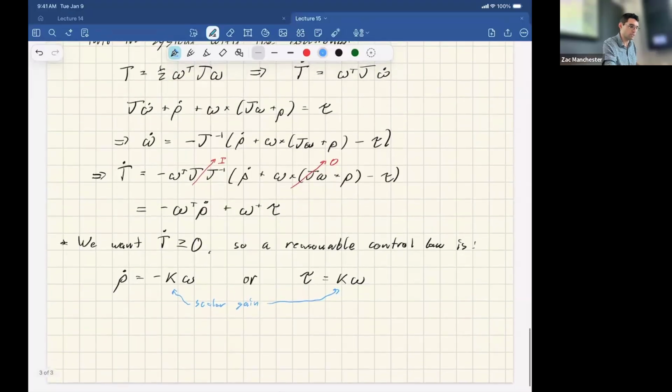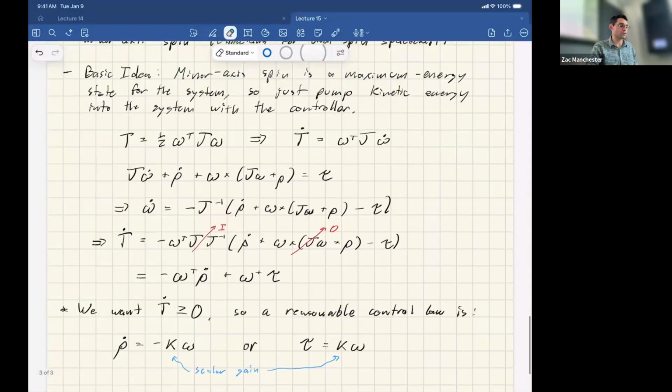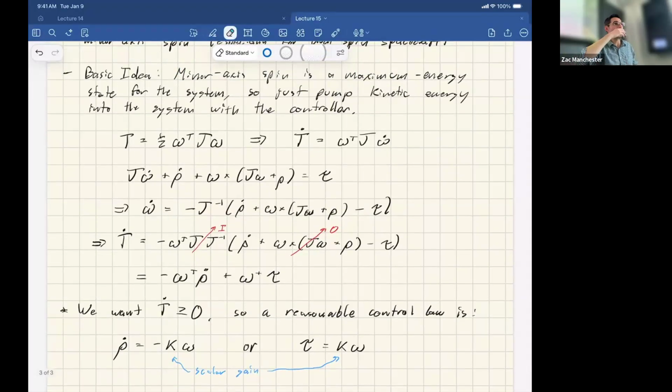Any questions about this? Does anyone recognize the argument that I just made as something you've seen before, or we've talked about before, vaguely? I didn't call it that, and maybe it was slightly in disguise. This is a Lyapunov proof, and this is a Lyapunov-based controller. So the Lyapunov function here is the kinetic energy.